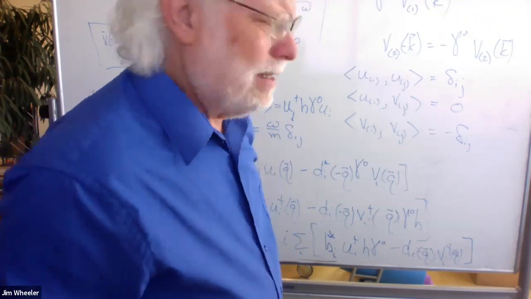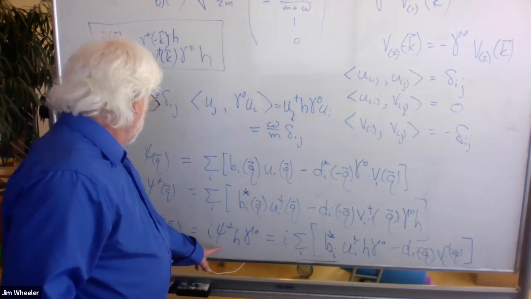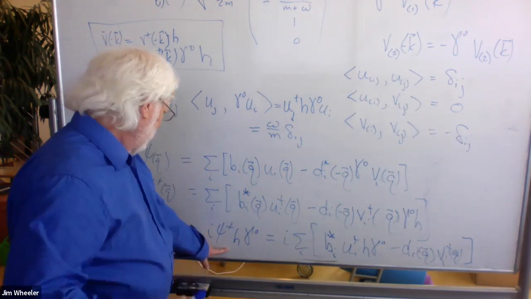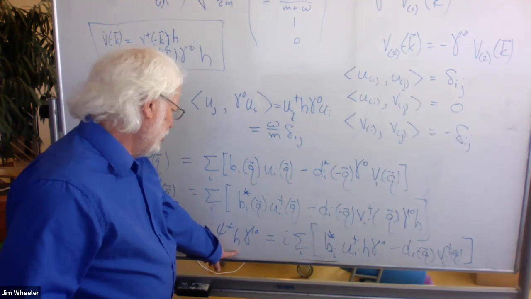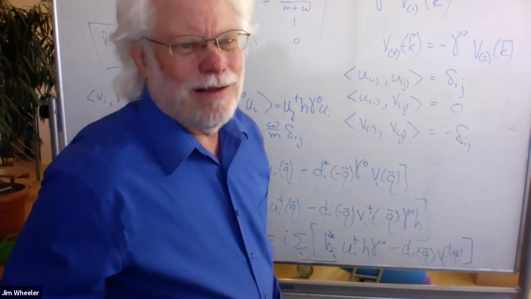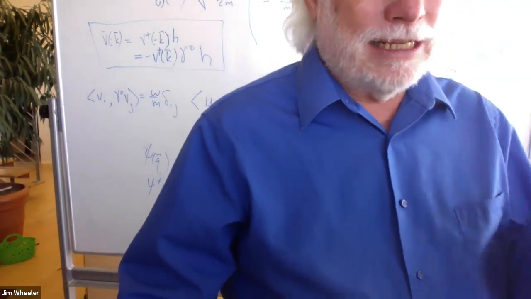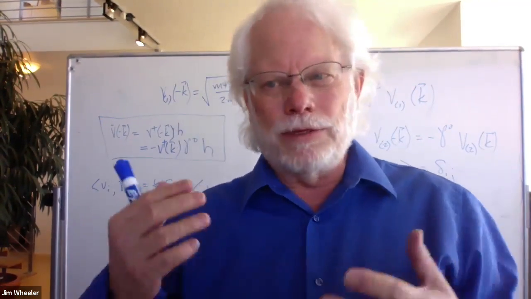Psi dagger H gamma 0. Yeah, maybe this is bar. My notes don't have an H here. And I know I checked that a number of times, but it depends whether you're talking about psi or psi bar.